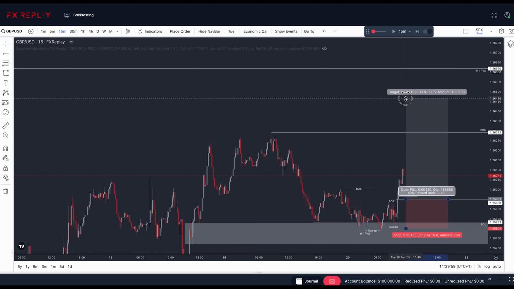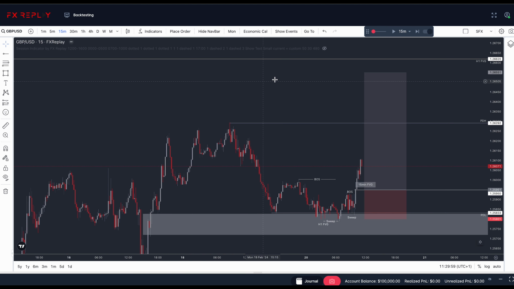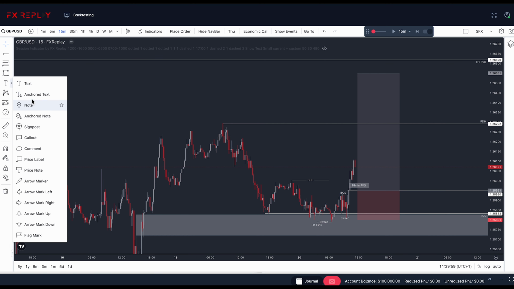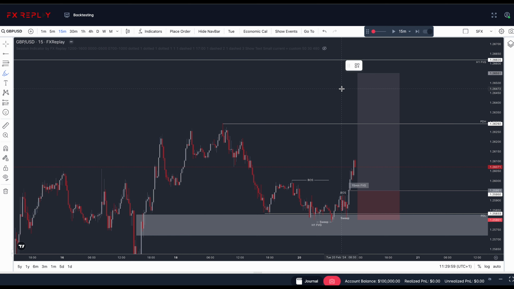So let's see. Okay, let's go with the 4. So in a sense of targets to the T, even though the H1 fair value gap is the target, I'm never placing my TP levels right on the targets, because price, like in 70% of the time, comes near the level and then rejects, right?